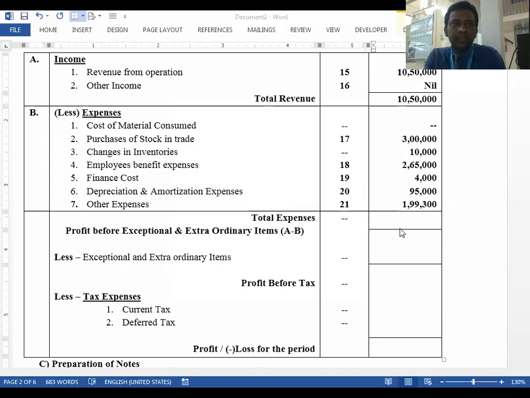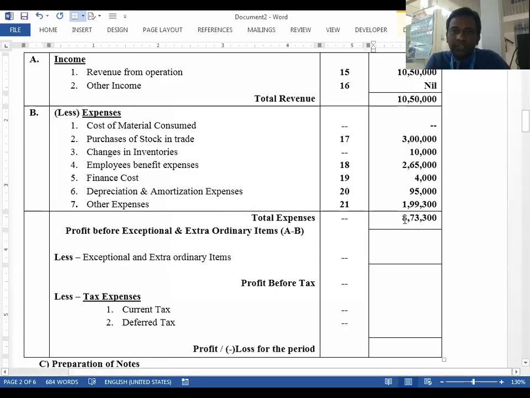Okay. Now totaling the total expenses: 3 lakh plus 10,000 plus 2 lakh 65,000, 4,000, 95,000 and 1,99,300. Please do fast. 8,73,300.